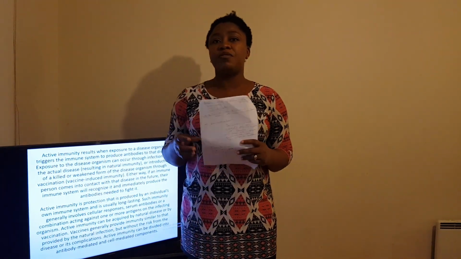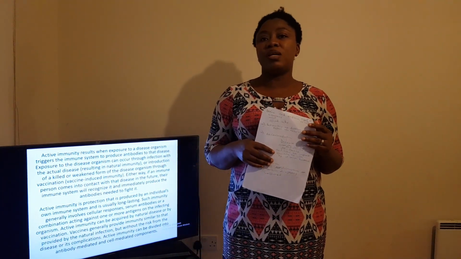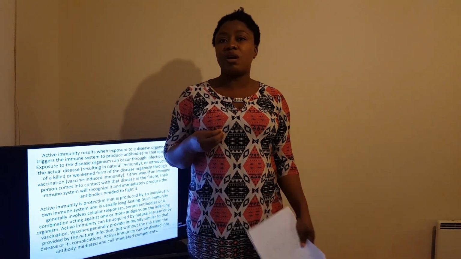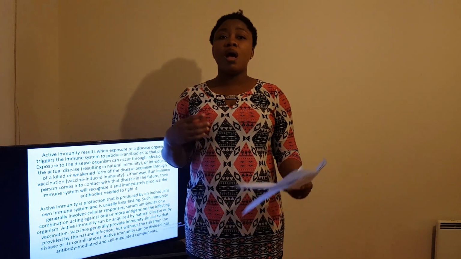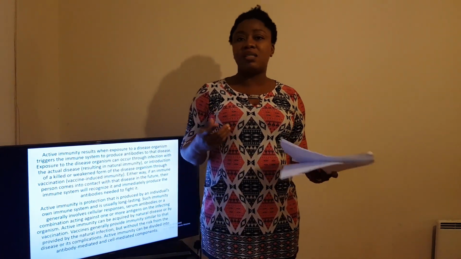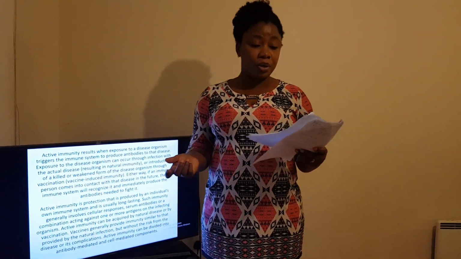Active immunity can be acquired by natural disease or by vaccination. Vaccines generally provide immunity similar to that provided by the natural infection, but without the risk from the disease or its complications. Active immunity can be divided into antibody mediated and cell mediated components.